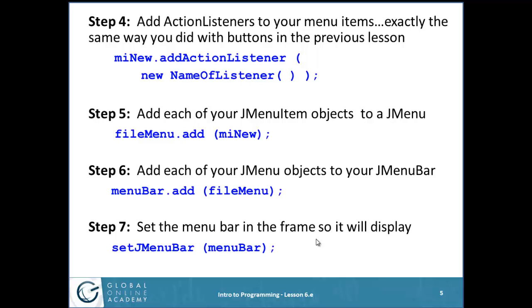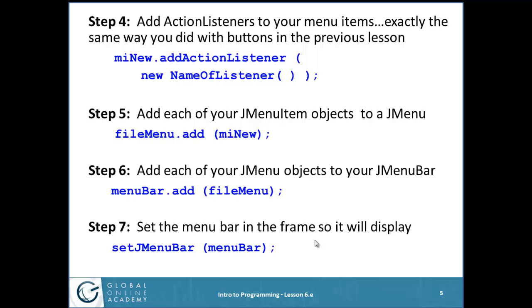But we still need to do something like we did with buttons in our last video that makes it so that when we actually click on a menu item, something happens in our program. And we're going to add action listeners to our menu items, exactly the same way we did with buttons in the previous lesson.